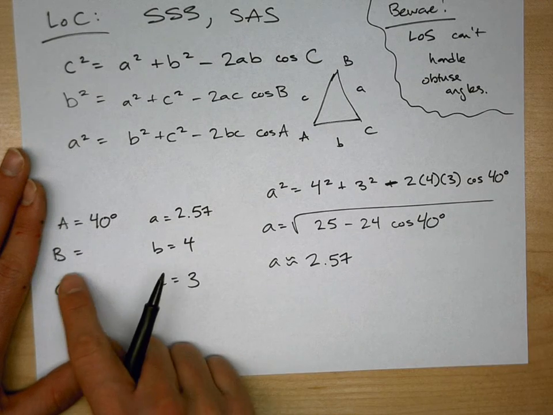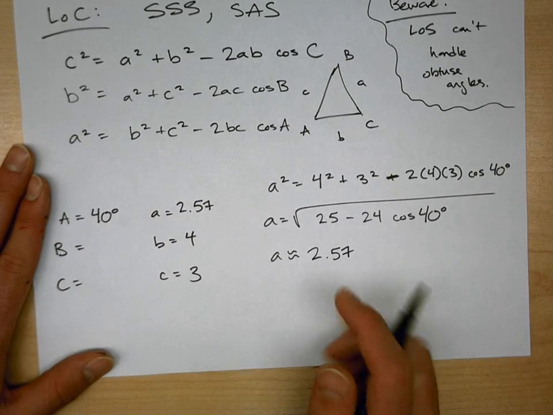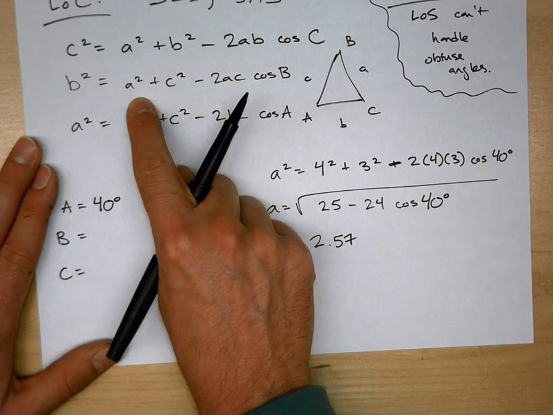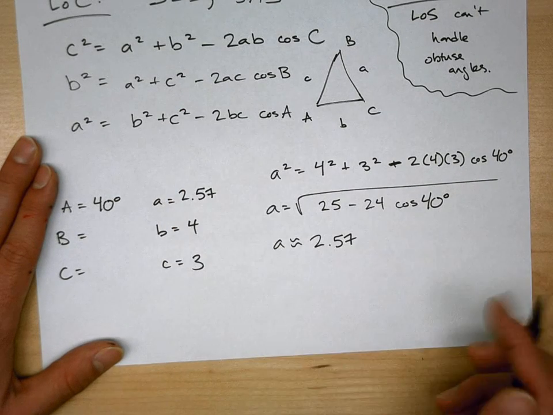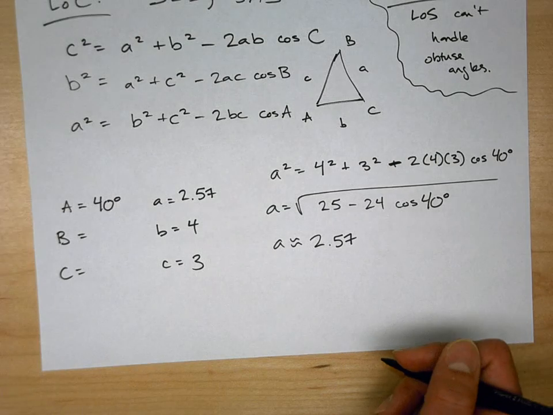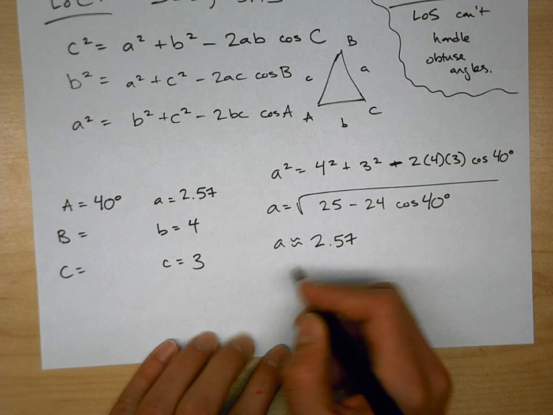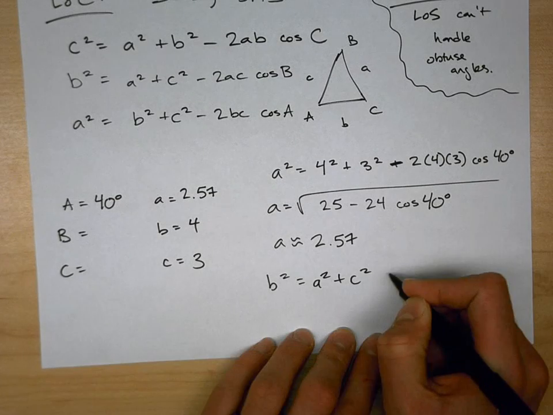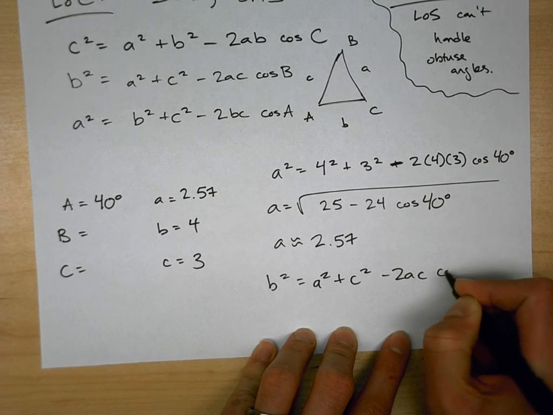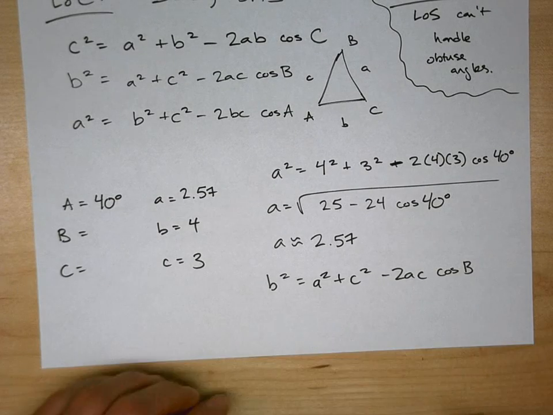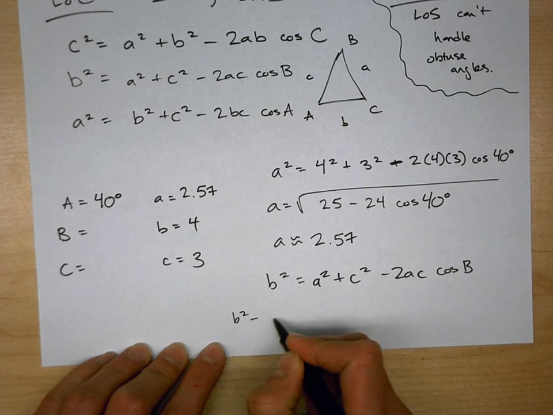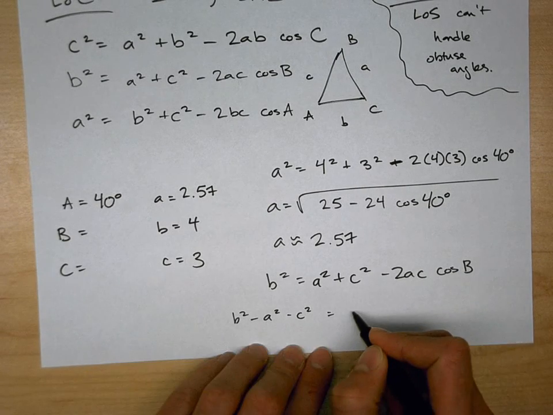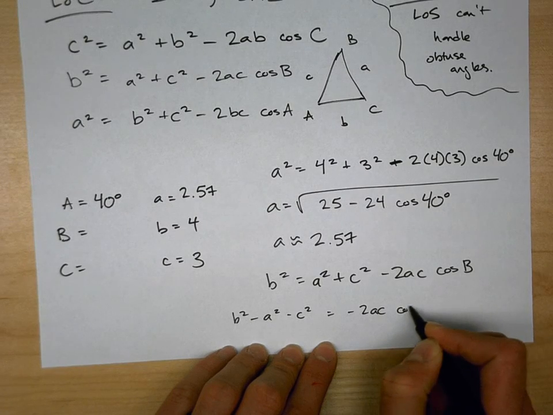Let's try for this letter B here. We could use this one over here, b squared equals a squared plus c squared minus 2ac cosine b. Let's solve for cosine b in that case. So b squared minus a squared minus c squared equals negative 2ac cosine b.